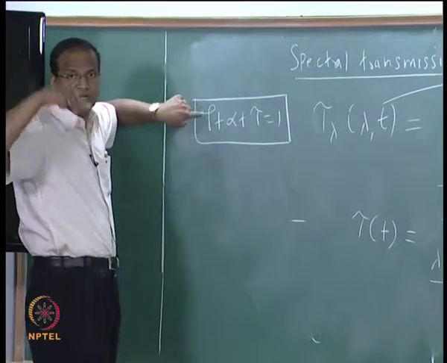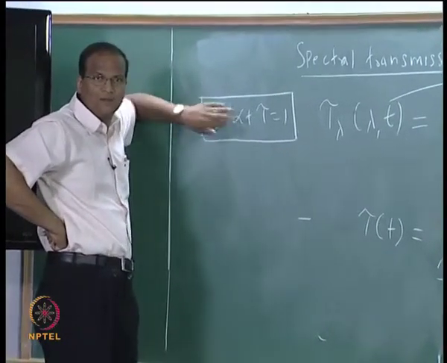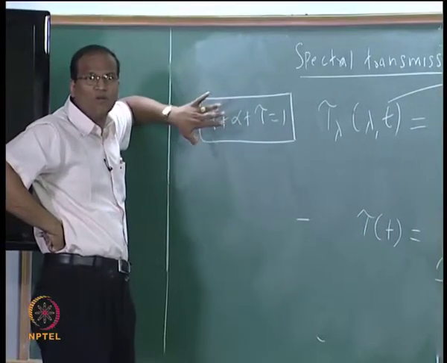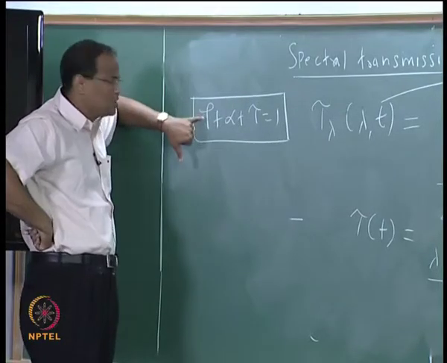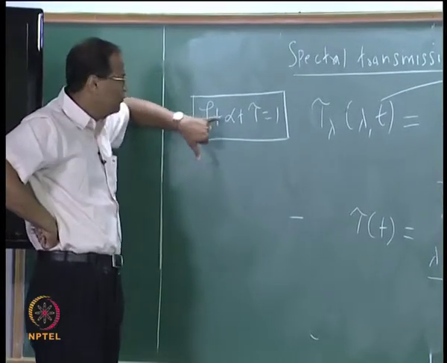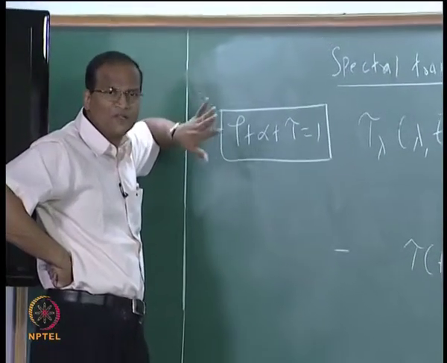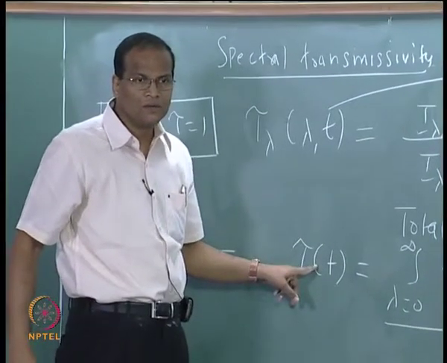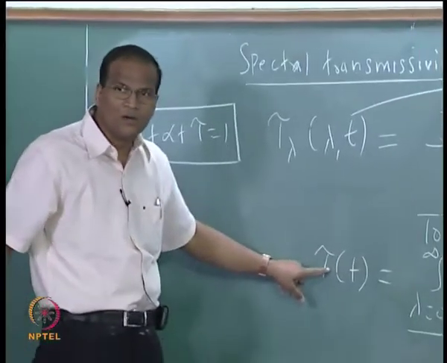Watch carefully, please look at the board. Suppose the incident radiation is coming from the sun. I am talking about a non-gray surface. I give you the spectral distribution of rho, I give you the spectral distribution of alpha, and I tell you that the radiation is coming from the sun. Can you calculate this? How?